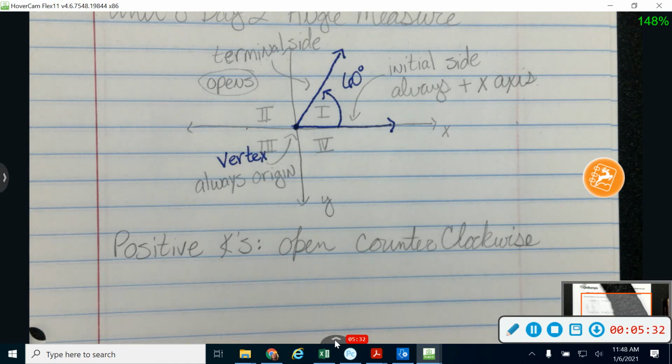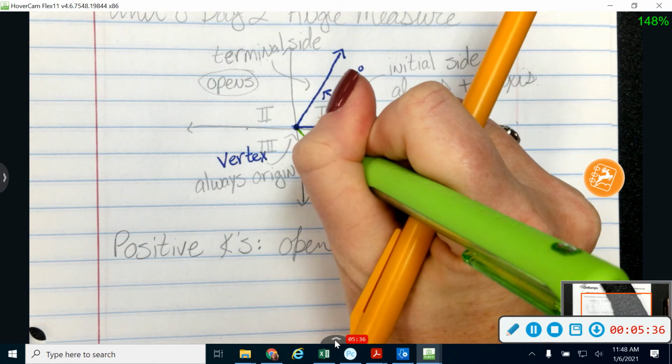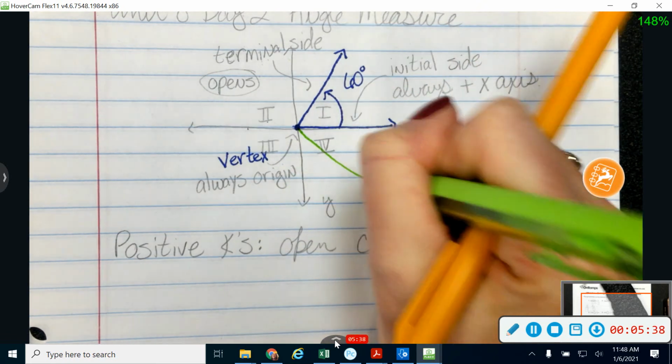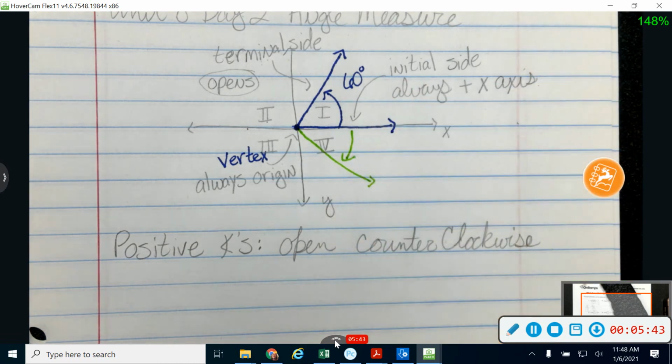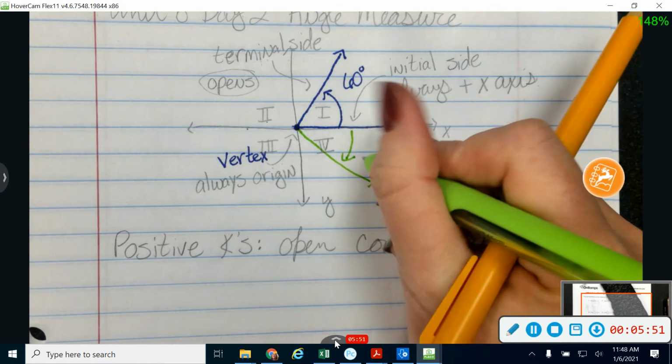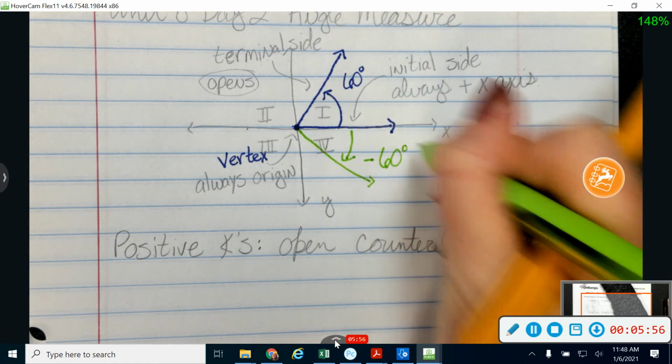Okay, I'm going to use a different color and draw an angle down here that opens this direction. If I go that direction, then it's going to be a negative angle. So I'm going to say that that is negative 60 degrees.